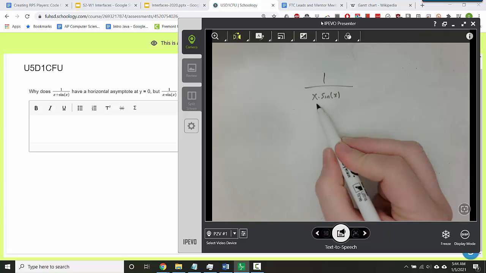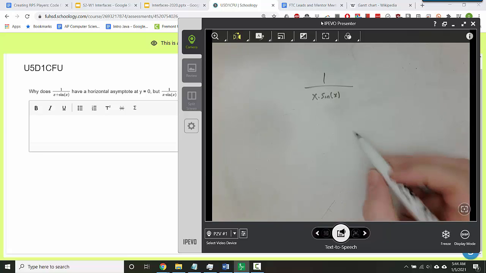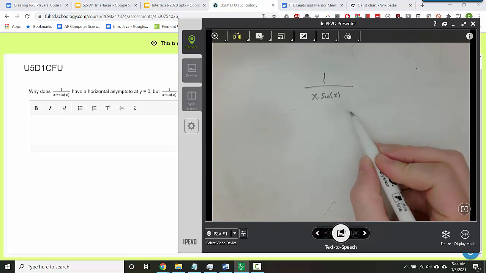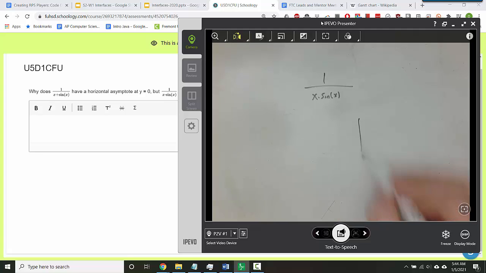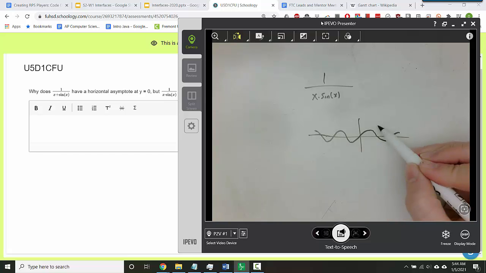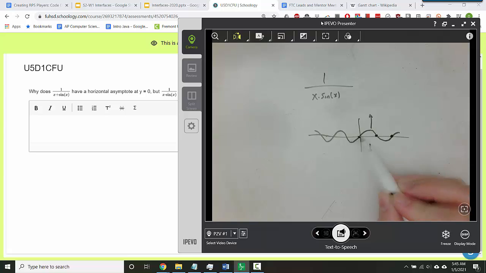In this case, we're multiplying. One easy observation is the sine function looks like this. If you're multiplying by x, that's sort of like scaling it. You're stretching it by different amounts depending on the x value, but that doesn't matter. You're still going to have an infinite number of them.